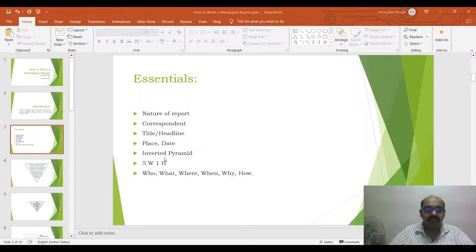And then you have the inverted pyramid. What is the inverted pyramid? It talks about the structure of a news report, which I'll show in the later slides. Now, what does a news report talk about? A news report asks questions and a news report answers those questions.